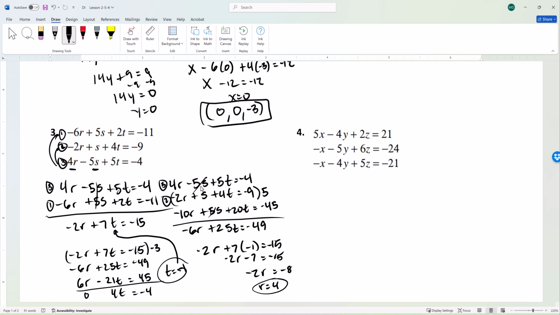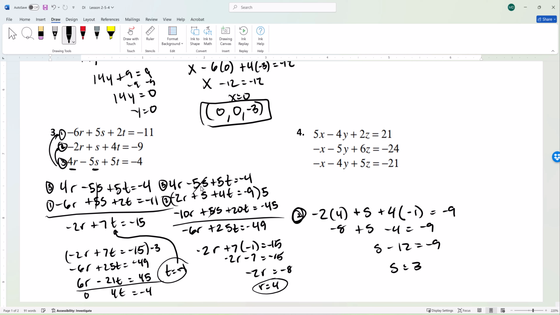Now I decided to plug it into the second equation. You get to choose whichever one you want. That one looked easier to me. So I get negative 8 plus s minus 4 equals negative 9. Negative 8 and negative 4 become negative 12. Add 12. Yeah, s equals 3.